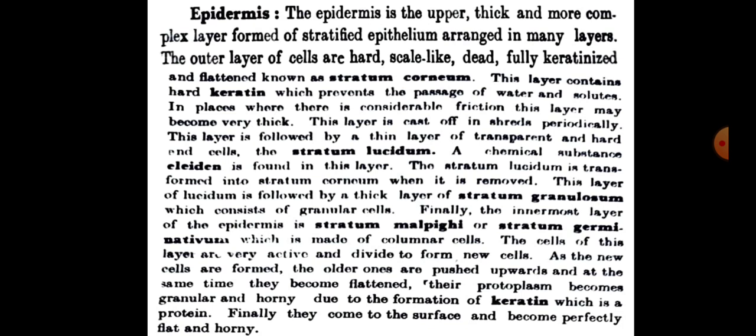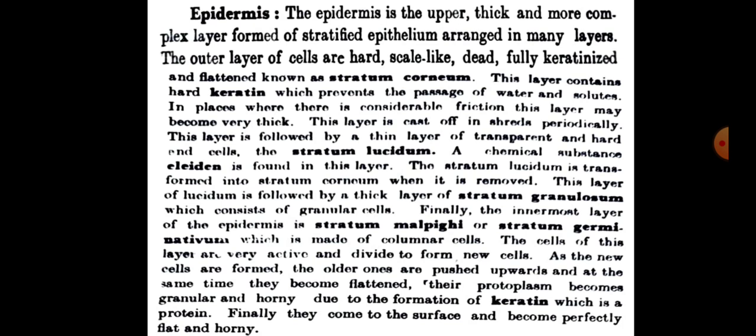In places where there is considerable friction, this layer may become very thick. This layer is cast off in shreds periodically. This layer is followed by a thin layer of transparent and hardened cells, the stratum lucidum.